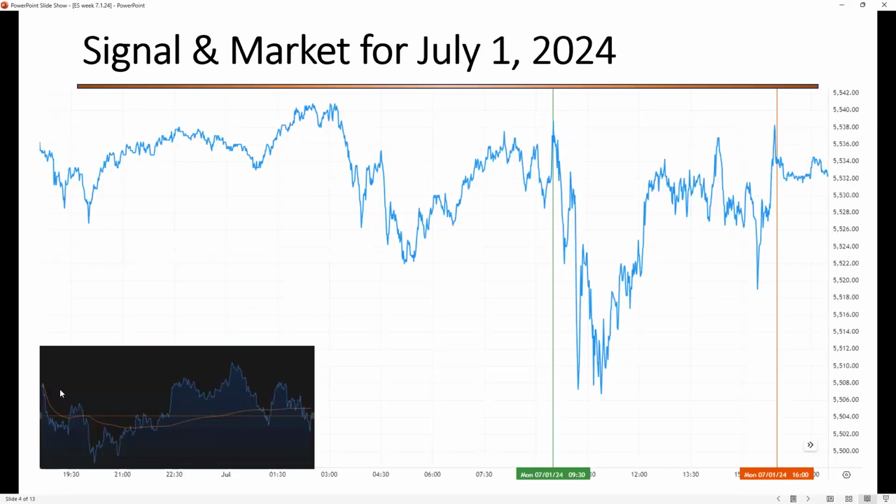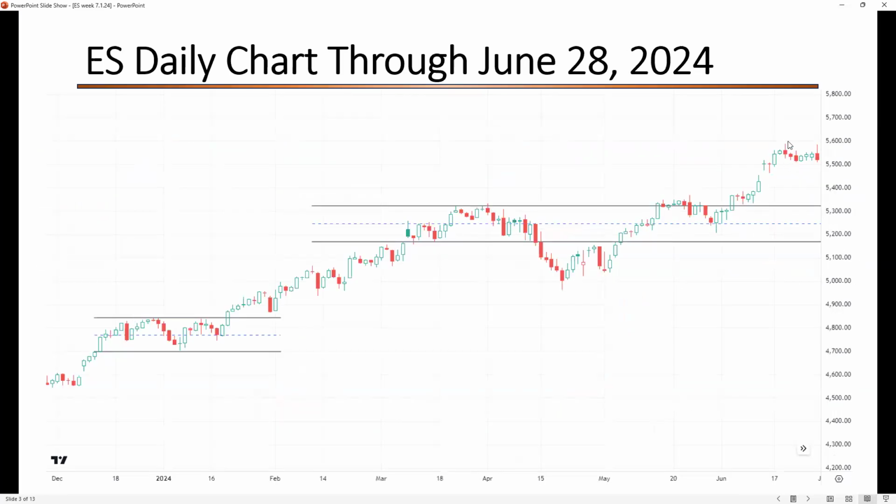For July 1st, we see that the reference chart is giving us a generally up day. And if you will recall, we have said that for this week, what we're looking for is to see if it can break out of this consolidation zone.